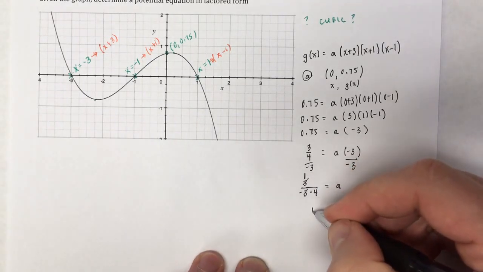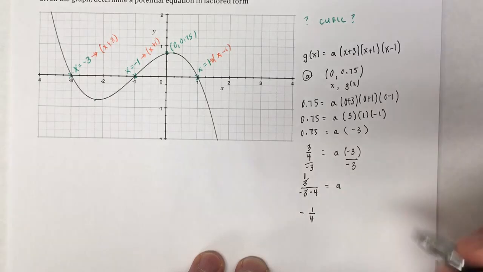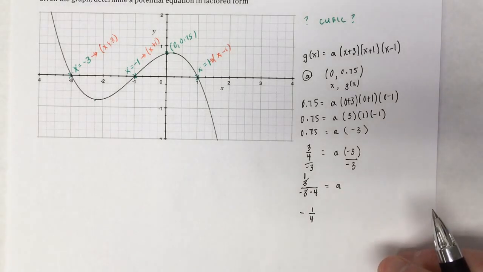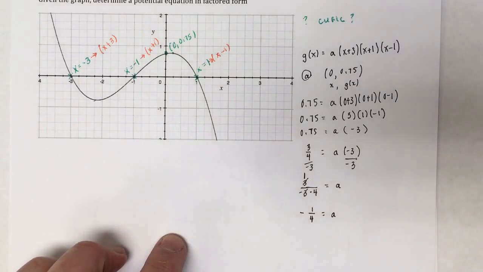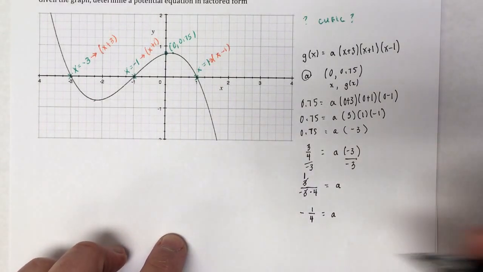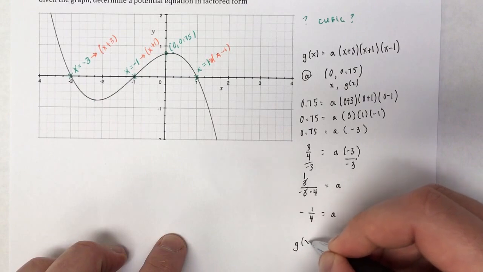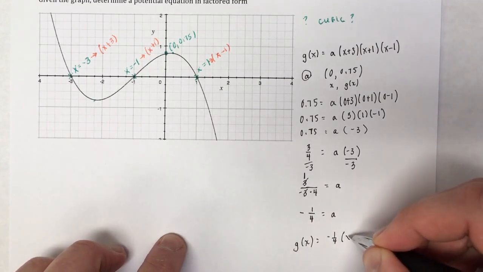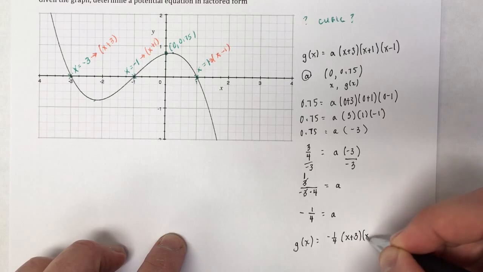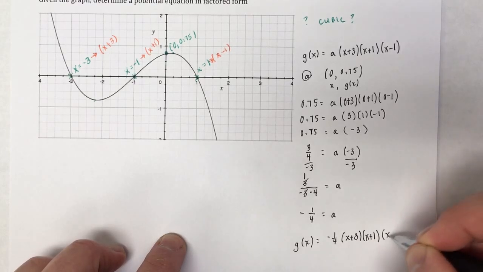And so this answer is actually negative 1/4. And I didn't need a calculator. I guess the point of this is that my need for a calculator is not there. And so my formula becomes g of x equals negative 1/4 times (x plus 3)(x plus 1)(x minus 1).